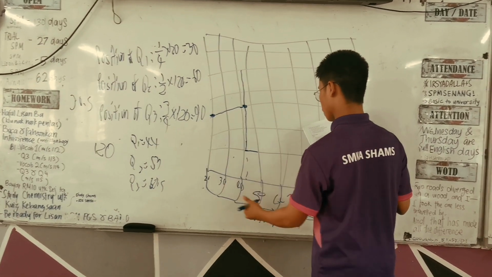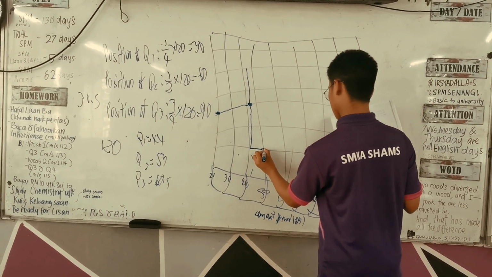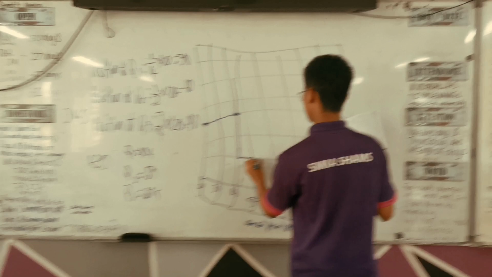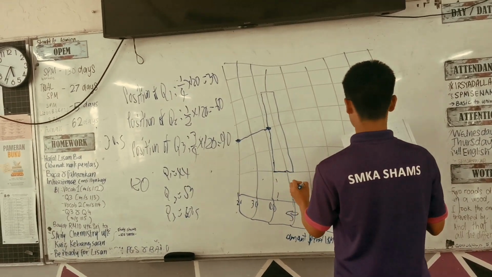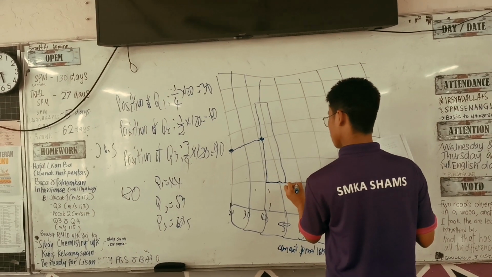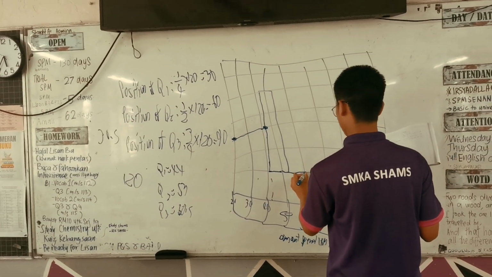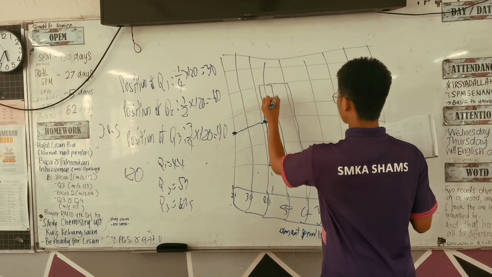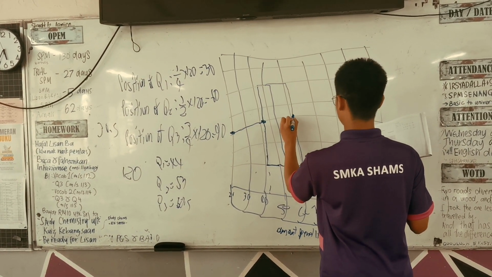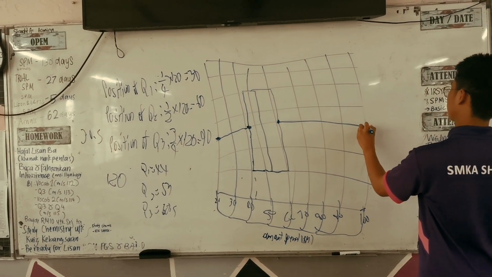Now we use 53. Then continue to reach 60.5. This is magic. Okay, read to here. Put a dot here.